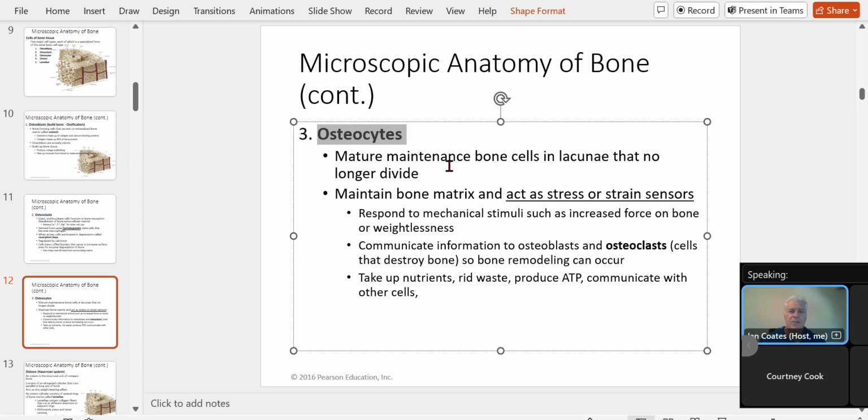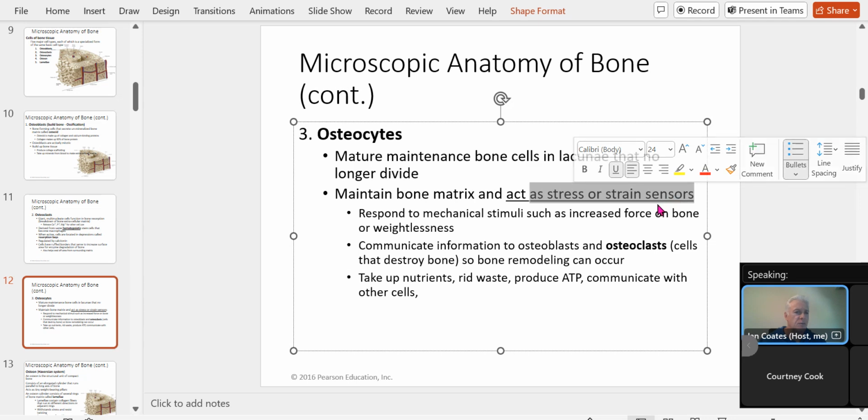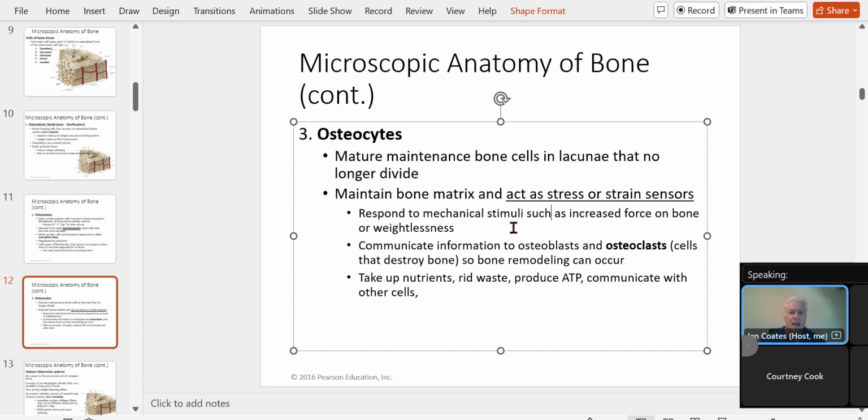Okay, so osteocytes sense the stress and strain that you put on your bones, and they are the big boss as far as maintaining good, strong, hard bones. Responds to mechanical stimuli such as increased force on the bone or weightlessness. Communicate information to osteoblasts and osteoclasts. Okay, these guys here are kind of the big bosses.